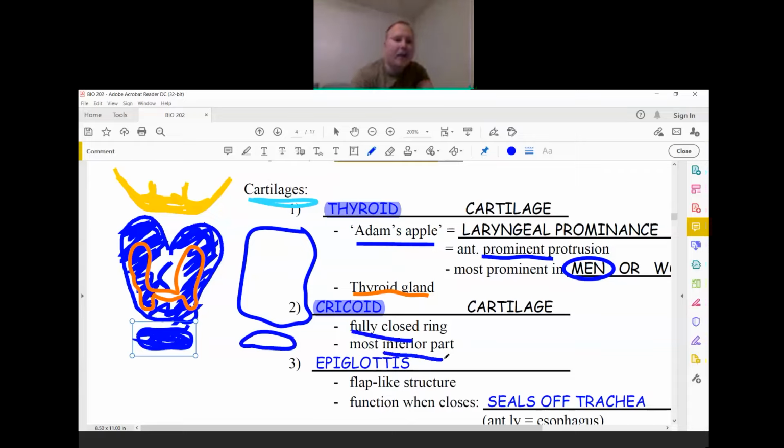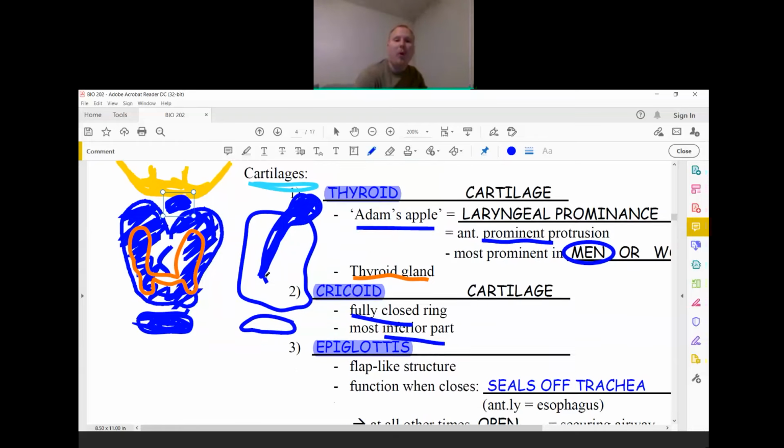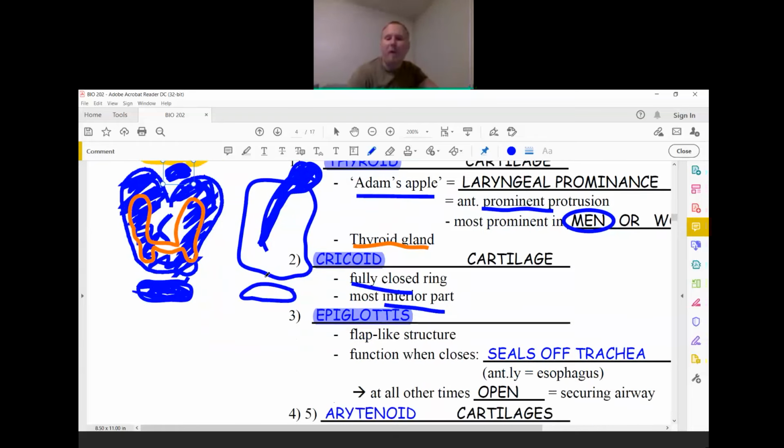And then we're going to start looking at the structures that are inside this space formed by the thyroid cartilage. Let's start by talking about the epiglottis. The epiglottis is this flap-like structure. We can see it here from behind, but even on this side view, we can really see the flap shape of it. What the epiglottis does is seal off the trachea, the airway to the lungs, whenever we swallow liquids or food.